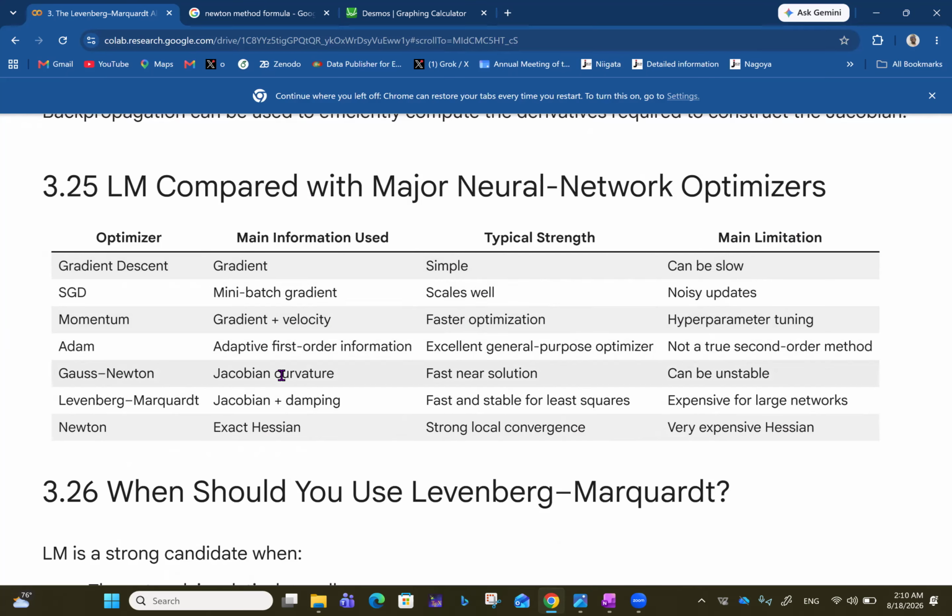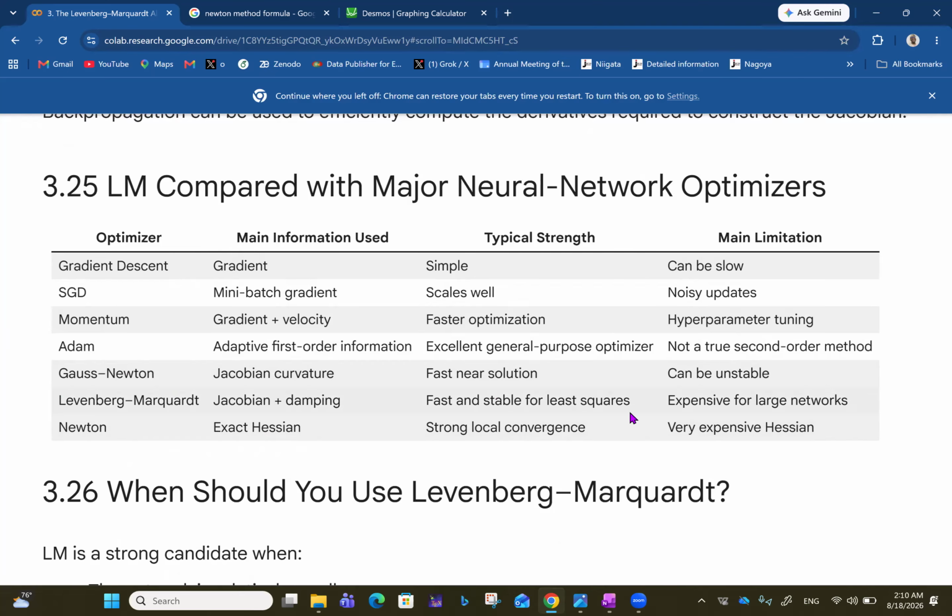Then Gauss-Newton, the information used is the Jacobian curvature. The typical strength is that it is fast near the solution, and the main limitation is that it can be unstable. So if you use Gauss-Newton in reality, because of the derivative part, you get to converge very fast. For Levenberg-Marquardt, you have Jacobian plus damping that we saw.